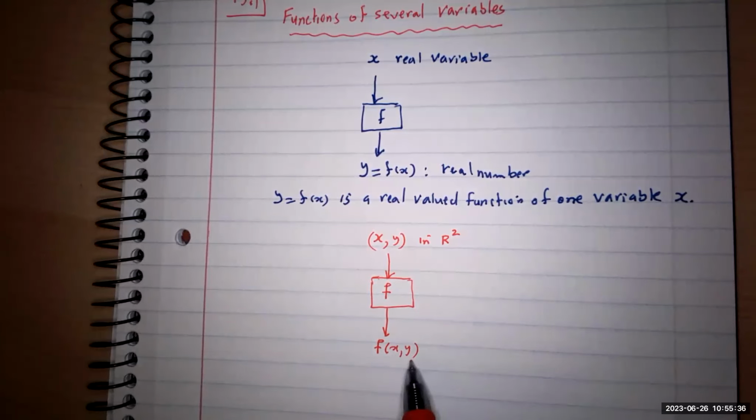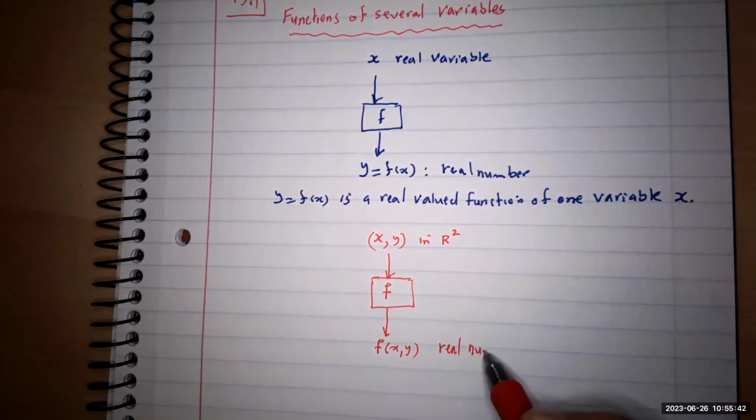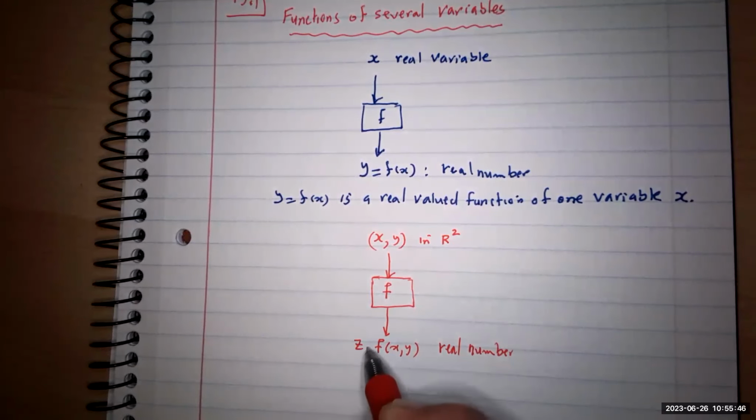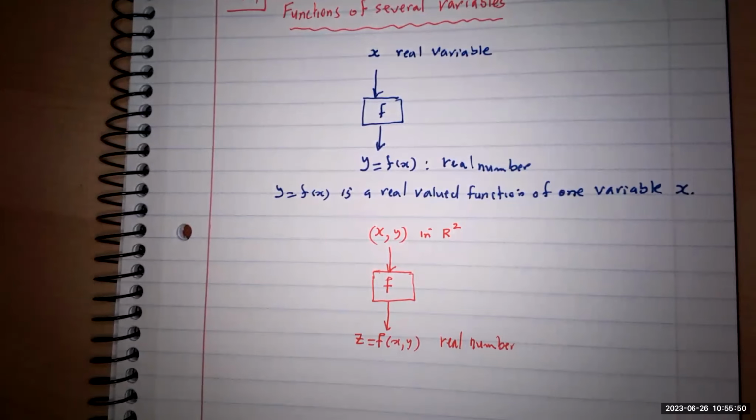This is also a number, again a real number, which we usually denote by z. So we have z equal to f of x, y. This is called a real valued function of 2 variables, x and y.